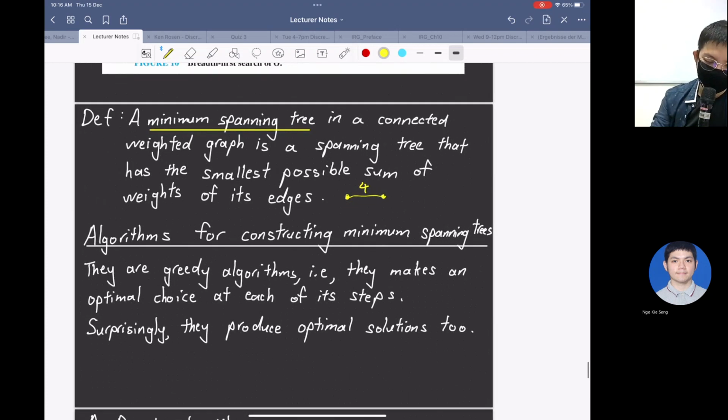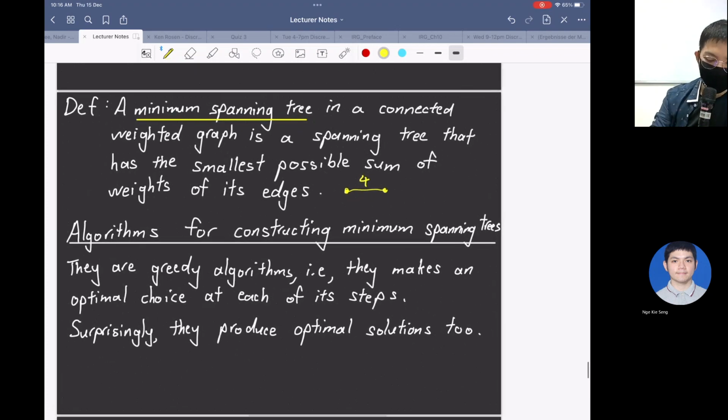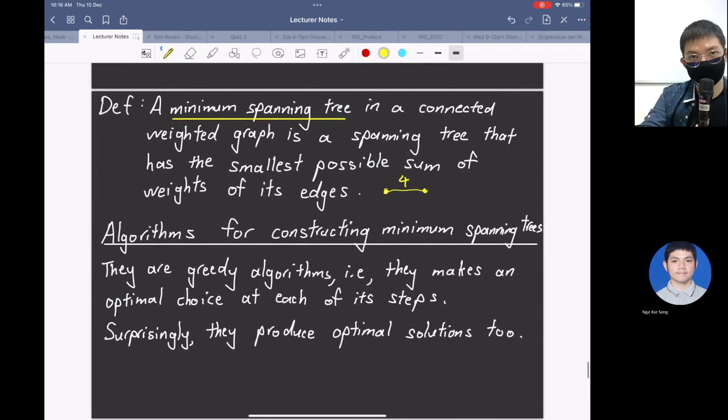So the algorithms we're gonna introduce are called greedy algorithms. Okay. So why are they greedy? They are greedy because they make the optimal choice at every step. Okay. So you are very greedy. You want to earn the most every bit, right?